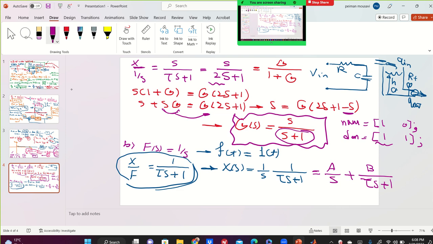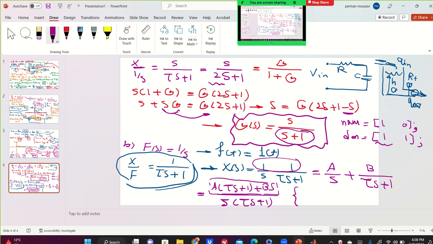And obviously, the simplest way to find A and B is to say A times tau s plus 1 plus B s equals 1.